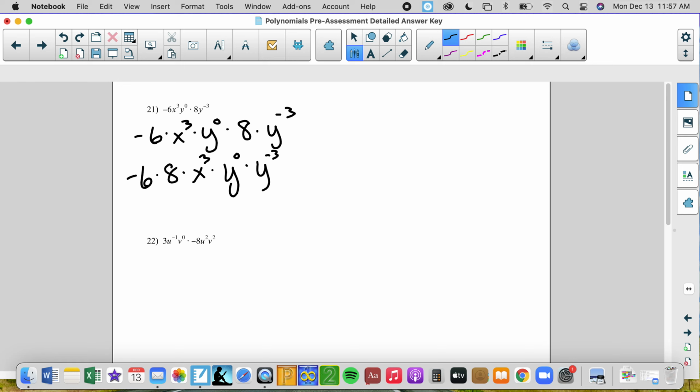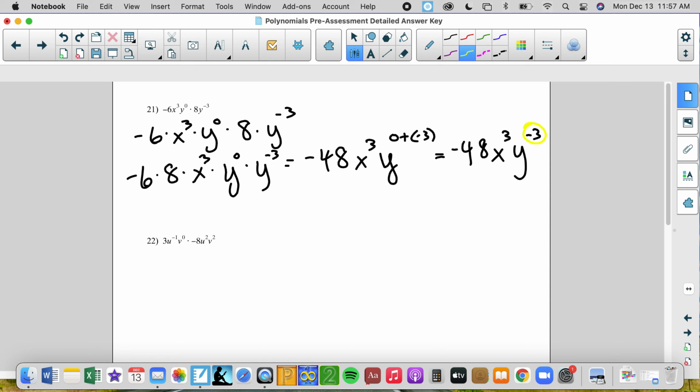Negative 6 times 8 is negative 48. X to the third didn't have a partner. Y has like bases, so that's 0 plus negative 3, which gives me negative 48, x to the third, y to the negative 3. I can't have that negative exponent, so I'm going to have to move this base down into the denominator.